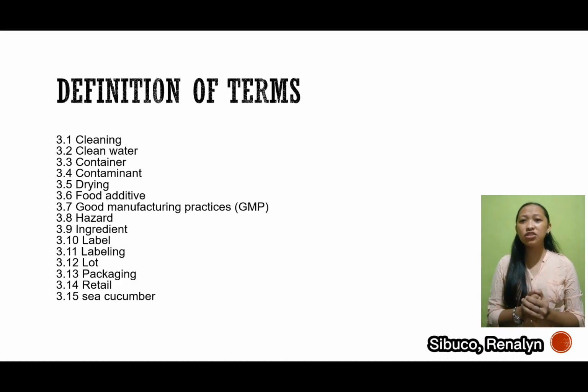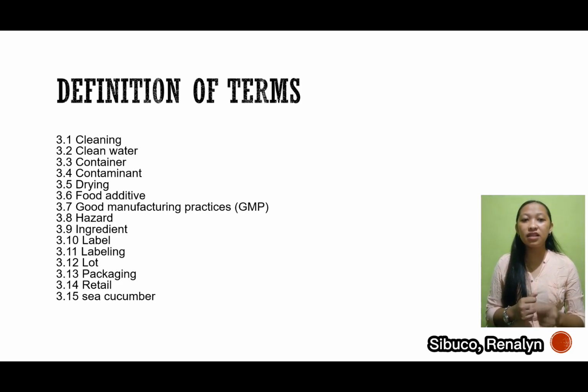The intentional addition of which to food for a technological purpose in the manufacture, processing, preparation, treatment, packing, packaging, transport, or holding of such food results, or may be reasonably expected to result in it or its byproduct becoming a component or otherwise affecting the characteristic of foods.